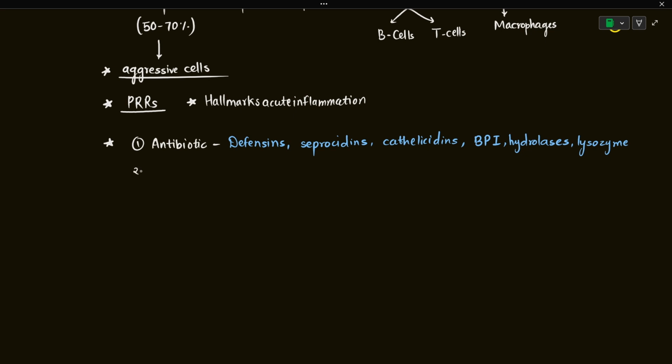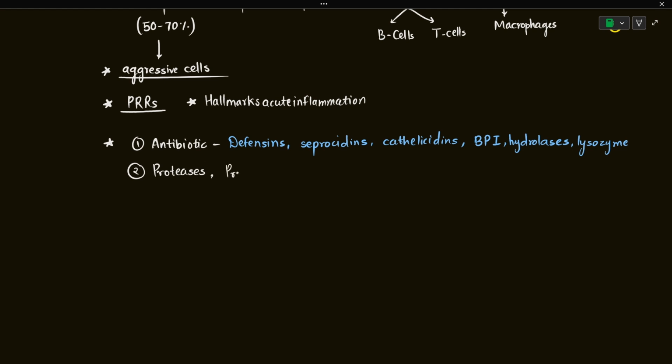Alongside those antibiotic molecules, the granules of neutrophils have the proteases. Why proteases? Because proteases are really important for tissue remodeling. Because the tissue is going to get damaged, so we need to redesign the tissue first. And once this tissue remodeling is done, we need to regulate those proteases as well.